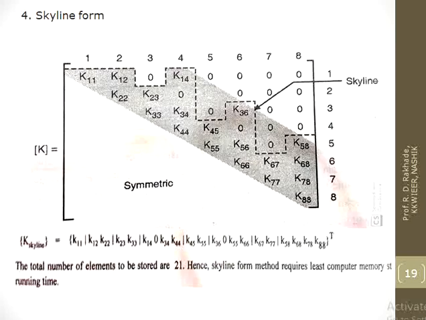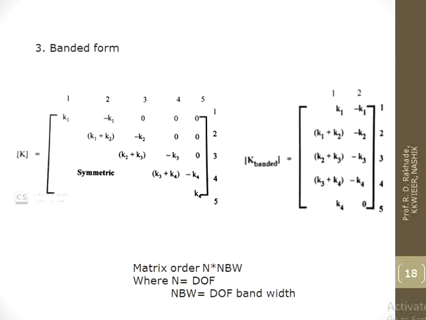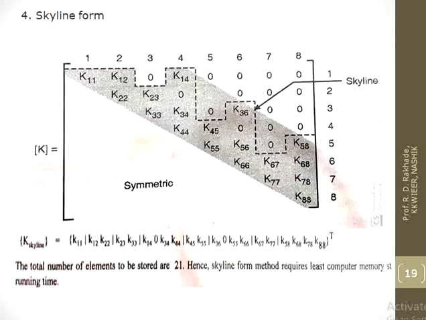Skyline form is similar to banded form, but in skyline we neglect the zero values of every column from the upper side. So we consider vertically k11, k12, k22, then this zero is neglected, k23, k33, k14.